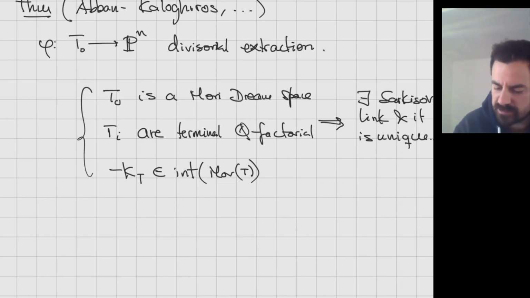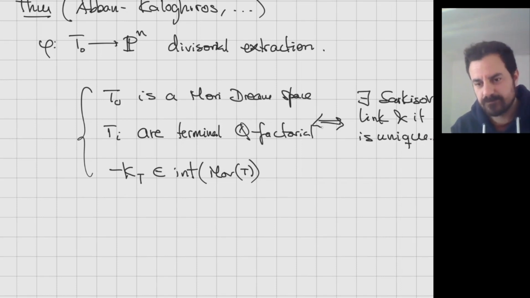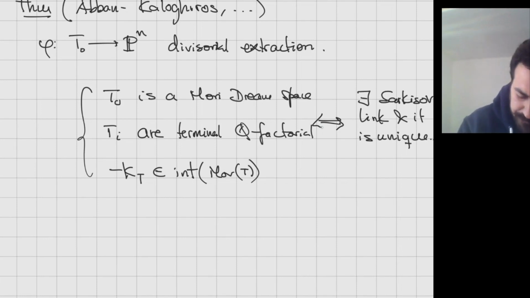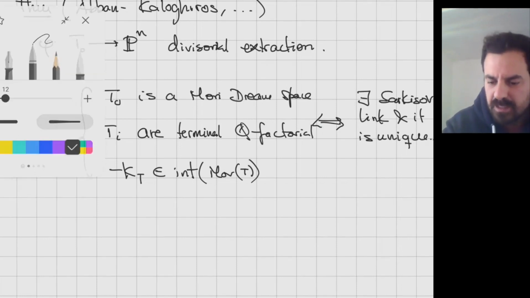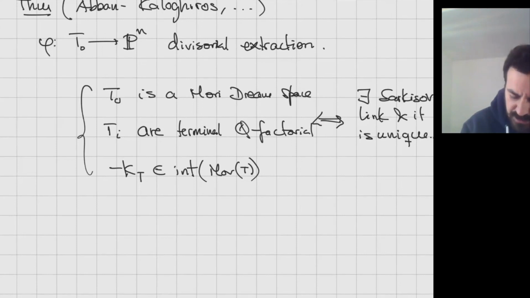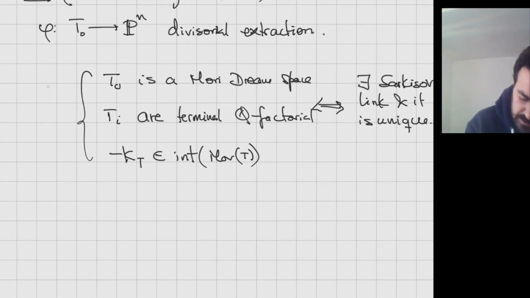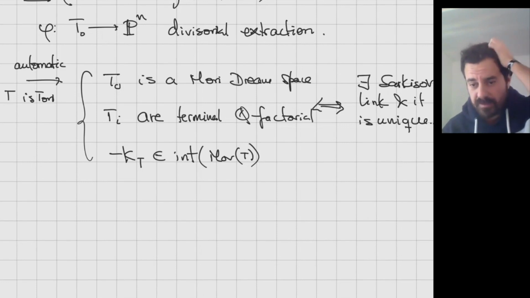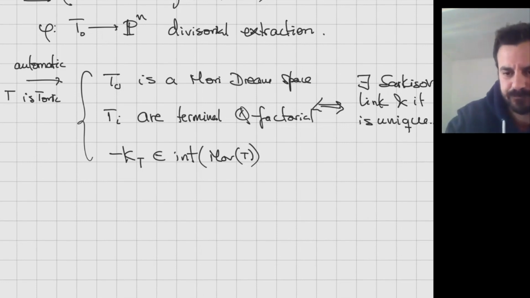Actually, this is an if and only if. Of course, in our case, because we're starting with P4, this is automatic because T is toric. So this is one thing that we don't have to check.